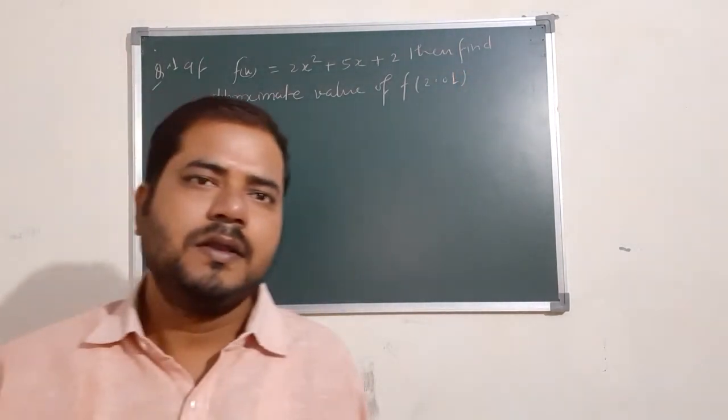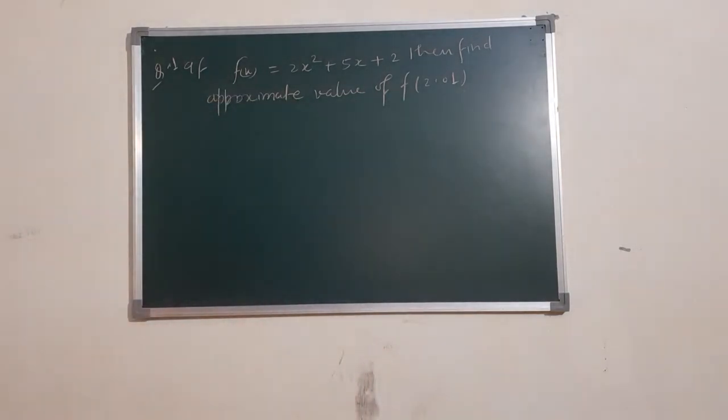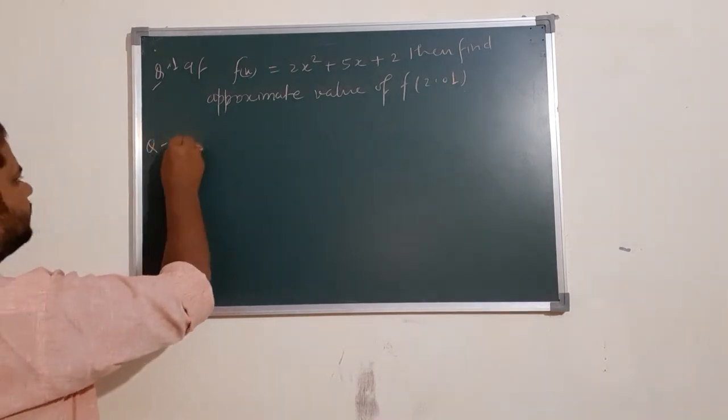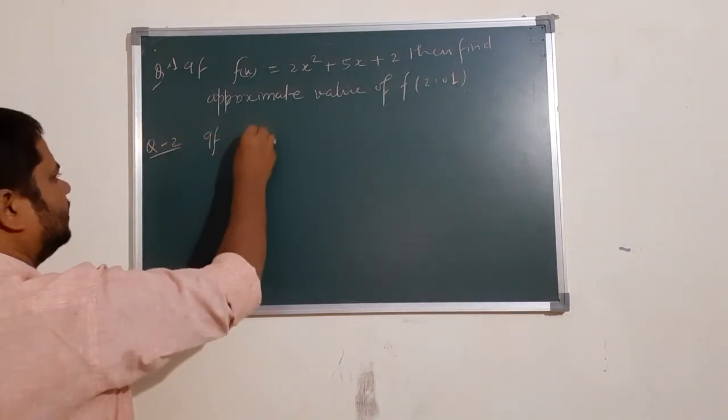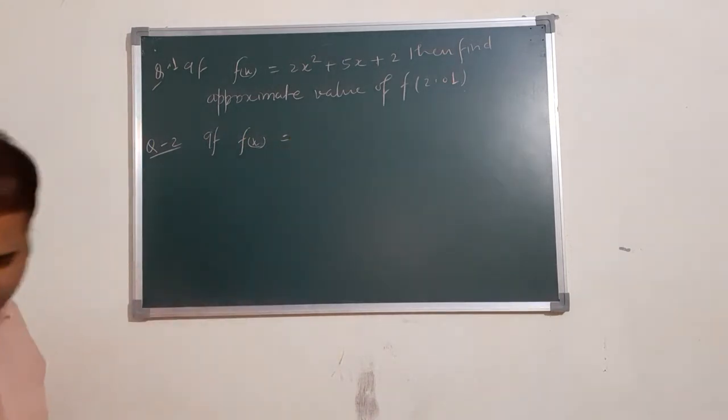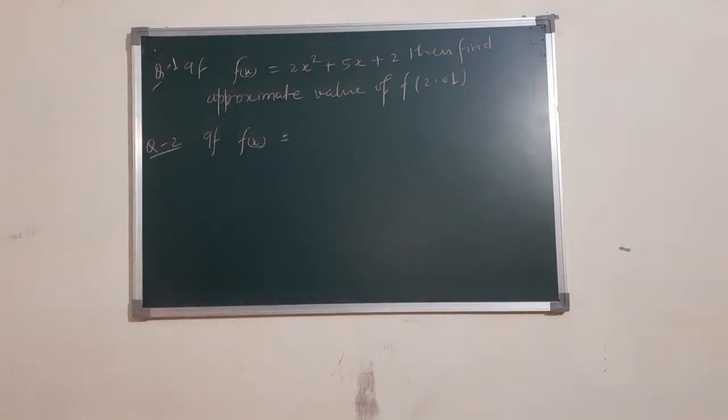Okay. Now next question, one more question you have to solve based on this. Find f(x), if f(x) is equal to 3x square plus 4x minus 1.